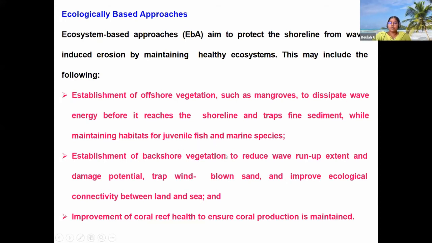So this natural strata is protected to a very large extent. Backshore vegetation reduces the wave run-up extent, and they improve the coral reef. So coral reefs, offshore vegetation, and mangroves are examples of EBA approaches.